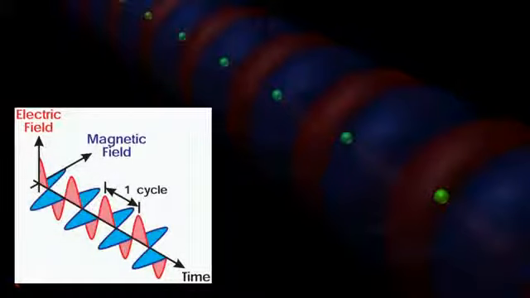Again, we see the diagram of electromagnetic radiation, and you can clearly see how this diagram agrees with the structure of our photons and fields.